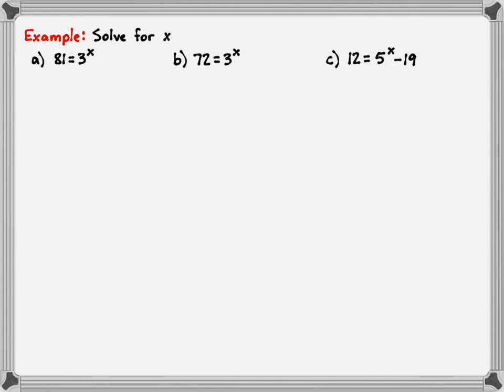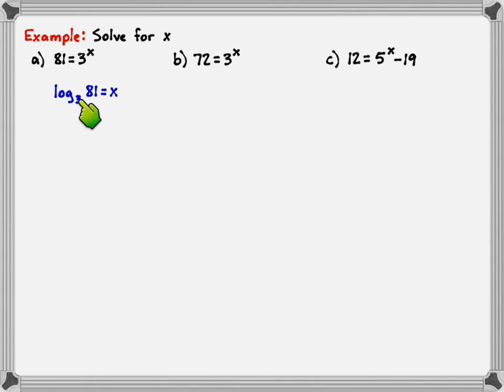So remember, we're rewriting this as a log. The base of the log is always the base of the exponent, and what the log is equal to is x. As a result, we get the log with a base of 3 of 81 equals x. So we're just rearranging these numbers in a different order.